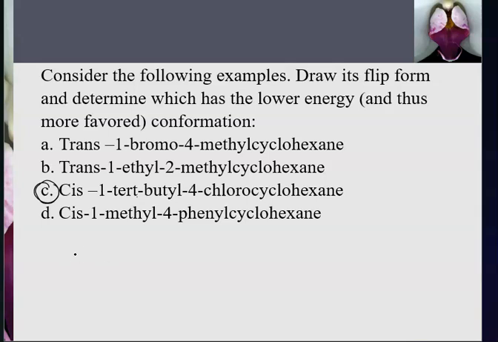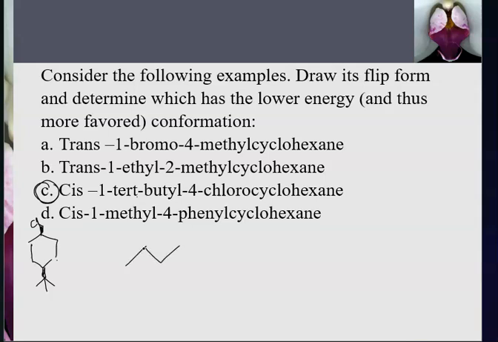Okay. So to draw that, the normal planar structure would be like this. It is cis, so both the groups have to be on the same surface. It's t-butyl, so that's the t-butyl, and then at the fourth position you have a chloro group. So this is 1, 2, 3, 4, and that's the planar structure.